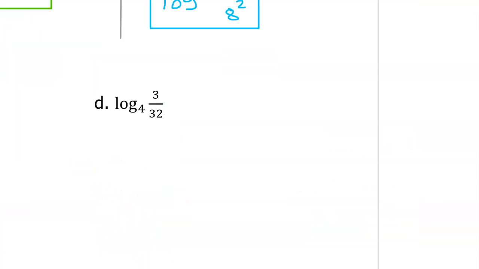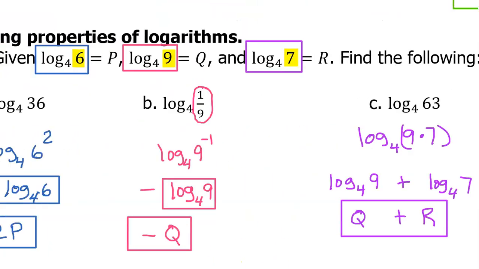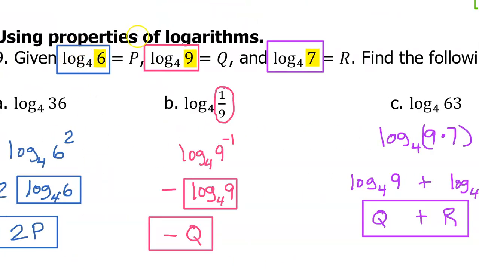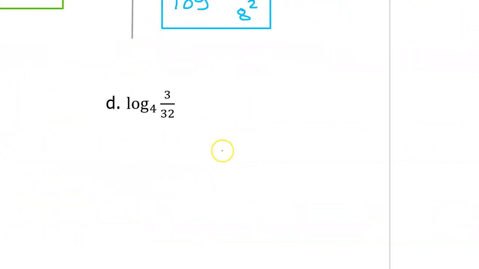So this last one is a little bit tricky. We have a 3 and a 32, and we're trying to get a 6, a 9, or a 7. So it's not immediately obvious what to do, but looking at the 3 and asking ourselves, how can I turn that into a 6, a 9, or 7?